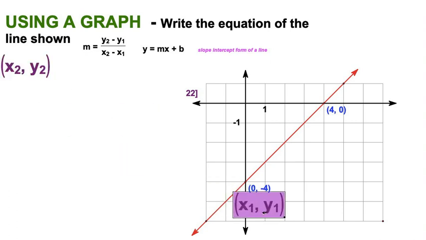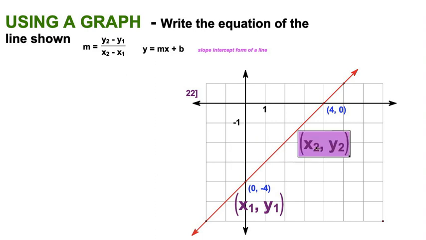And I'm going to pick this point, 0, negative 4, as x1, y1, and I'm going to pick 4, 0 as x2, y2. Those are both the intercepts. They both happen to be the x and y intercept.